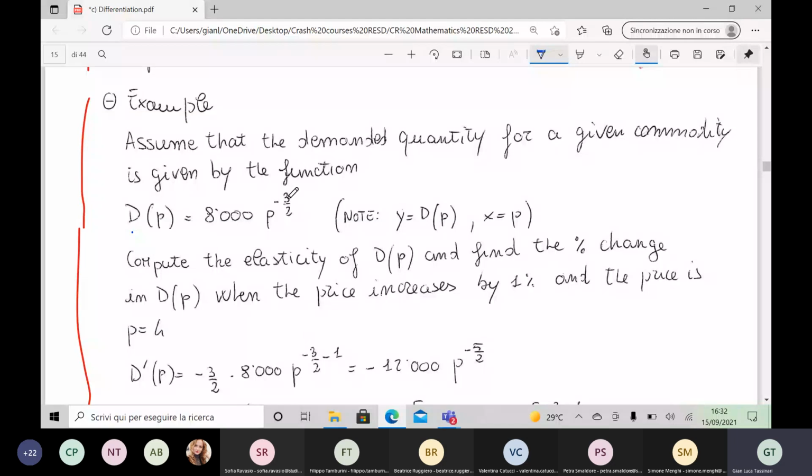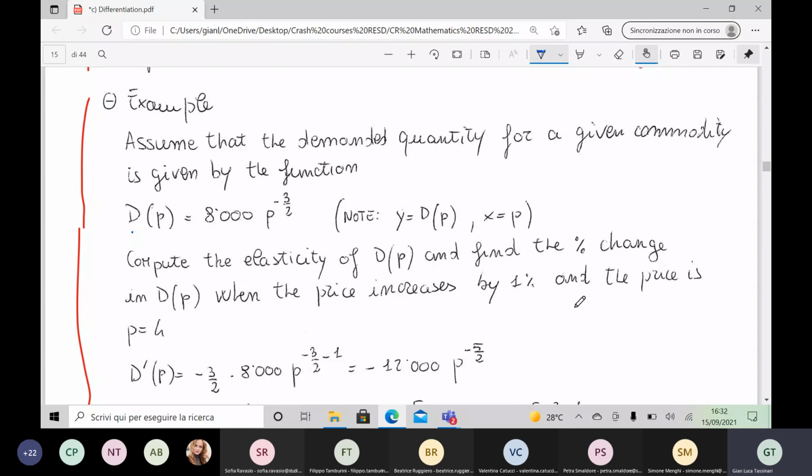The question is: compute the elasticity of the demand, and find the percentual change in the demanded quantity when the price increases by 1% and the price is P equal to 4.